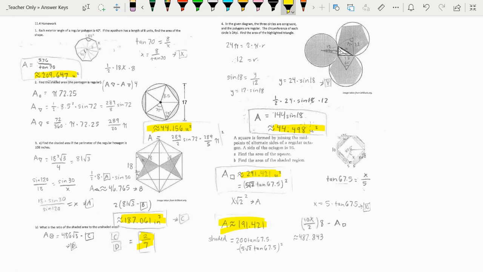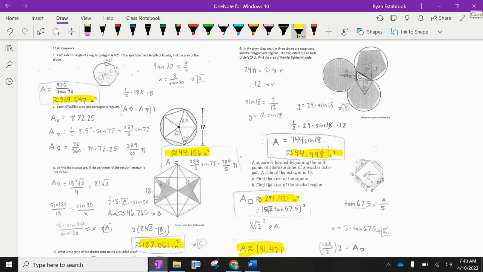So those are what we're looking for in each of these. I am recording this right now, so if you want to go back, you can pause the video and look at the work that was shown on this one, but I do want to make sure that I get through a little bit more today. So again, here are the answers for the 11.4 homework.